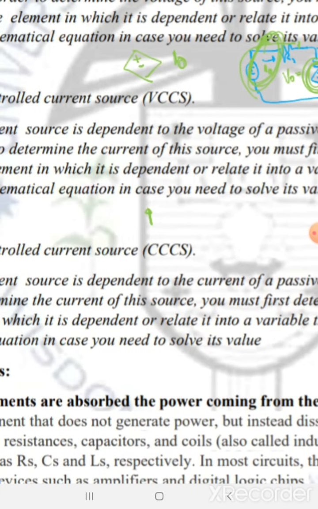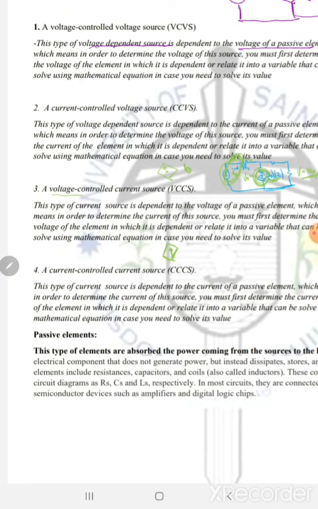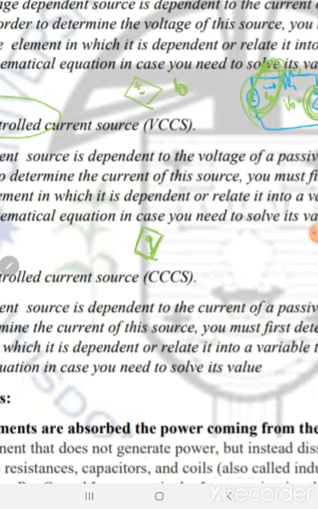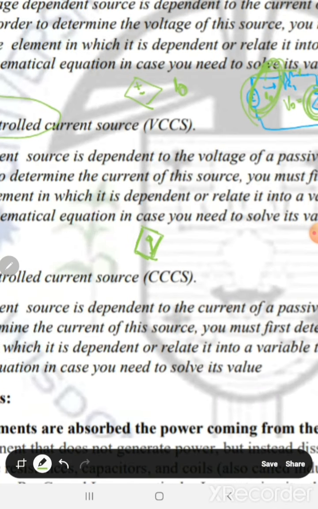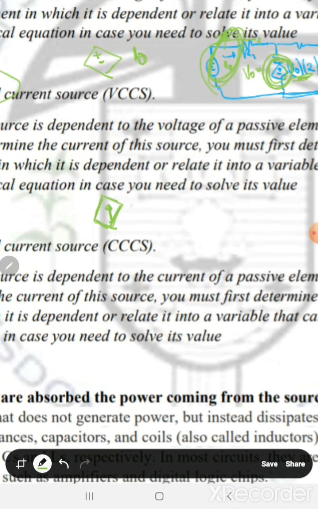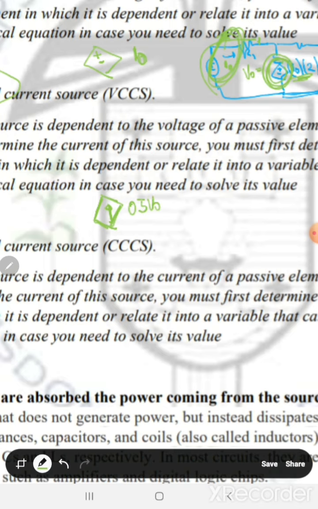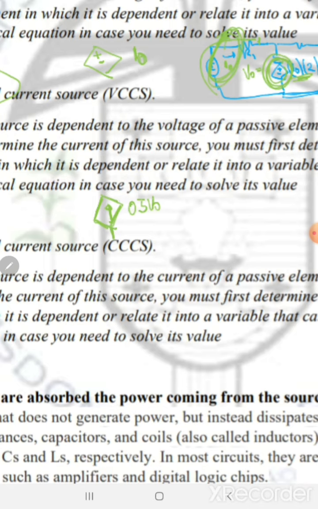So, arrow siya, but take note that it is dependent, naka-diamond dyan. Okay? So, since it is a voltage-controlled current source, it is dependent on a voltage, VO. IO, or your I here, is equal to, let's say, 0.5 VO. The value of VO multiplied by 0.5 is the value of the current entering or outgoing the node.